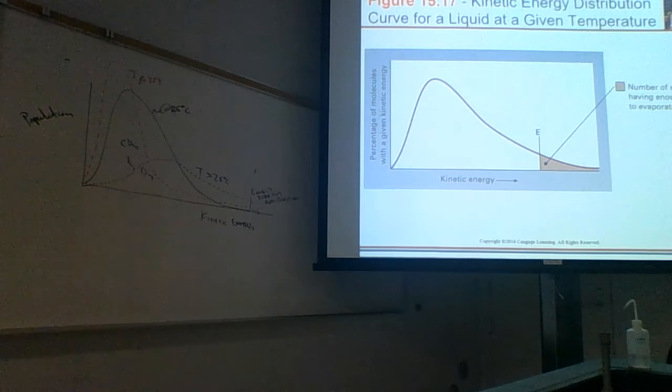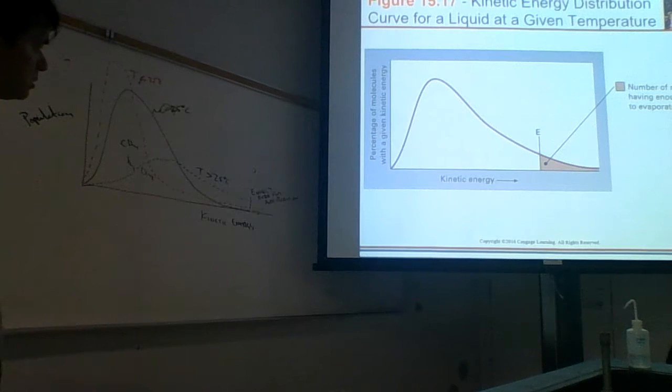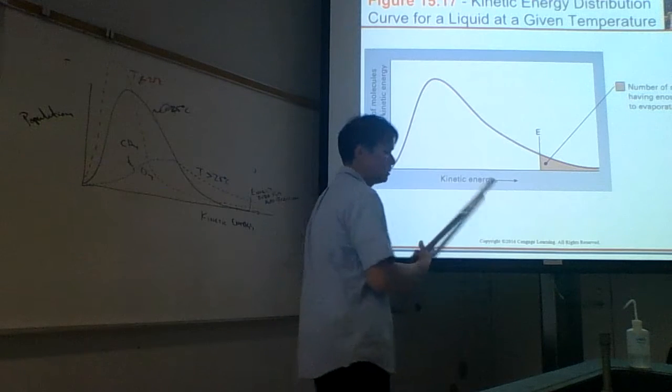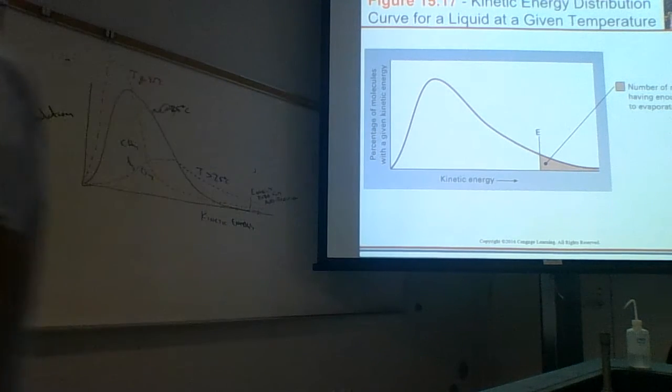What it is, is the population distribution. In other words, this is the kinetic energy distribution or the population distribution or whatever you want to call it.